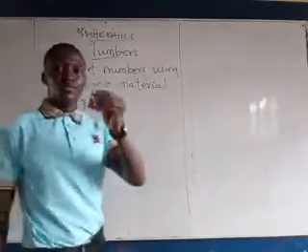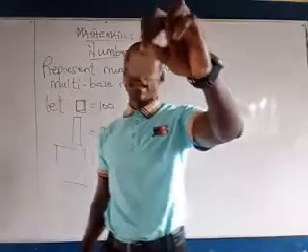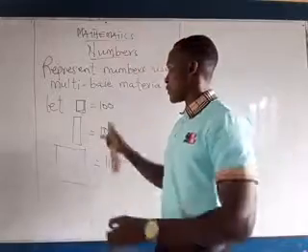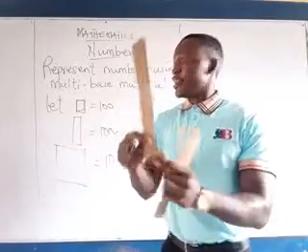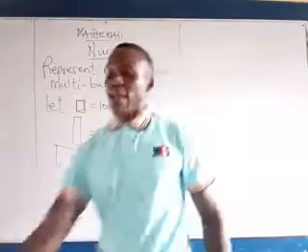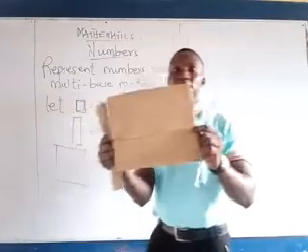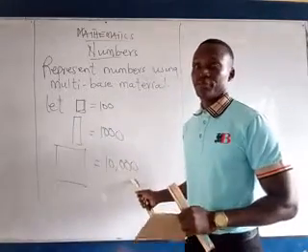This is my cube. Have a look. This is a cube, and this cube is representing 100. And this is my straight edge, representing 1000. Then the flat surface. This is my flat surface, representing 10,000.